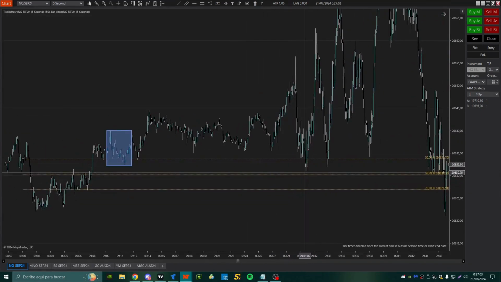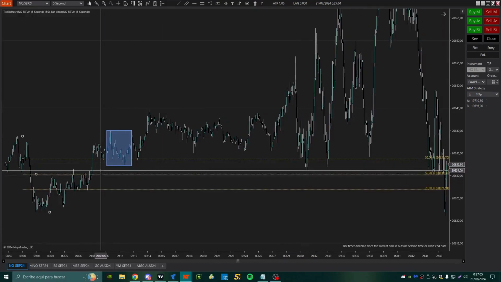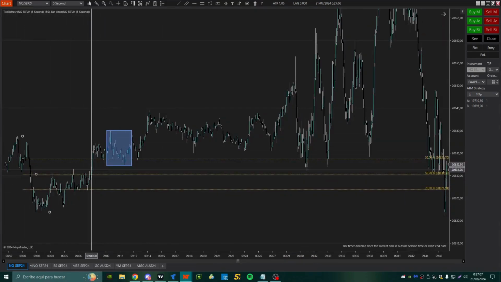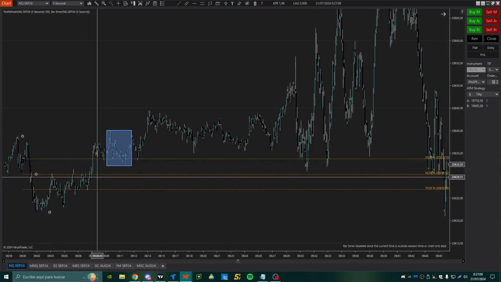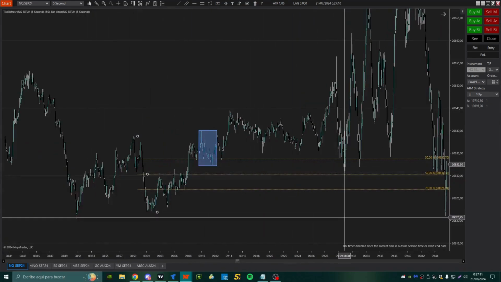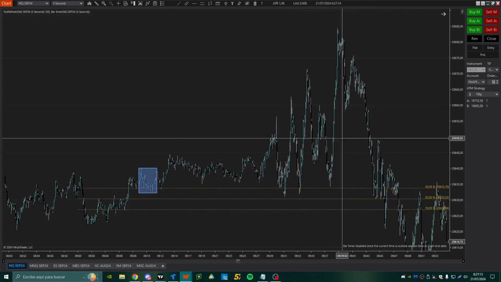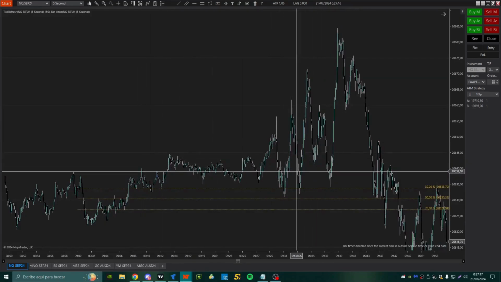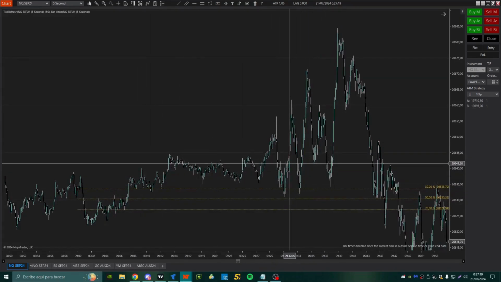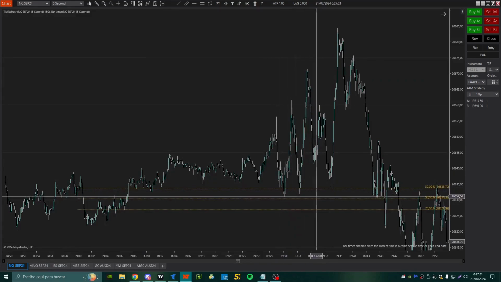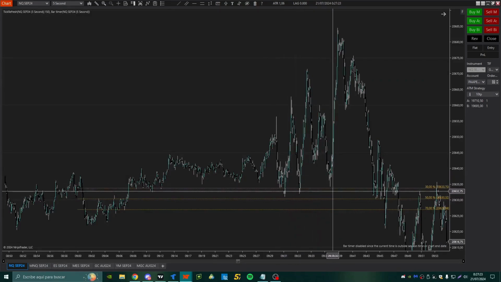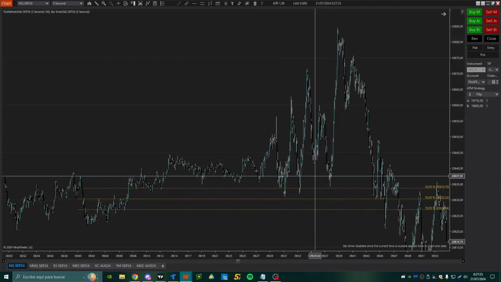Here, we still haven't mitigated 50% of this area, and a small fractal formed here. Nothing very important yet, but this one is starting to hold the price upward. If I see that the price isn't making new lows, what does that mean?